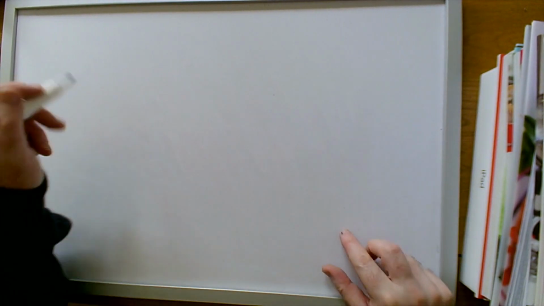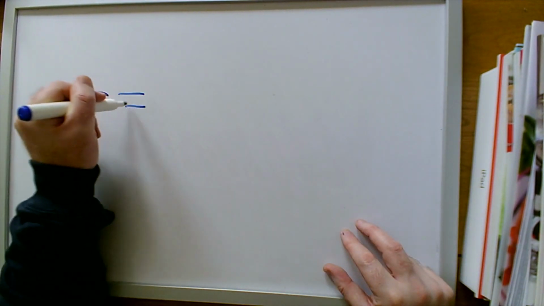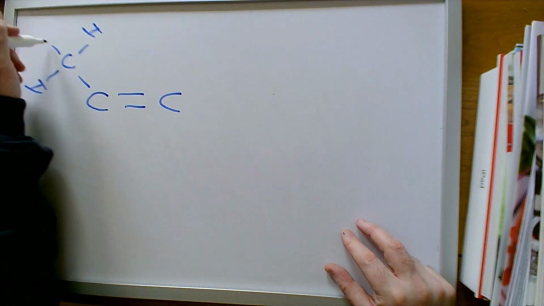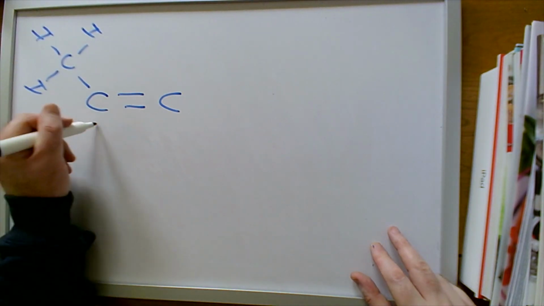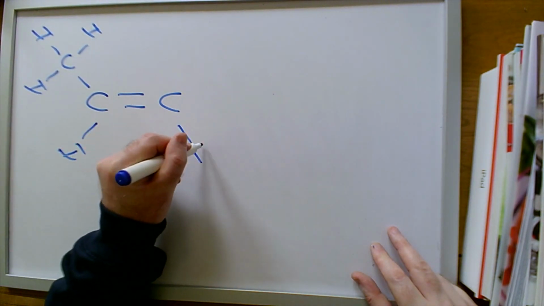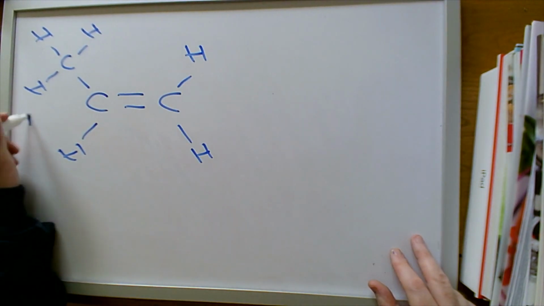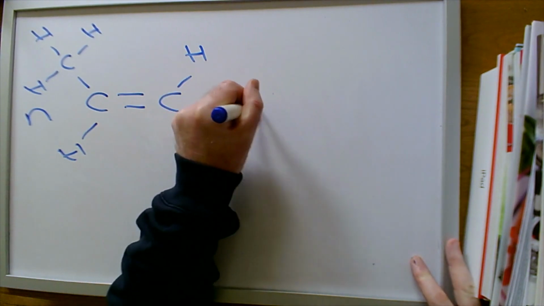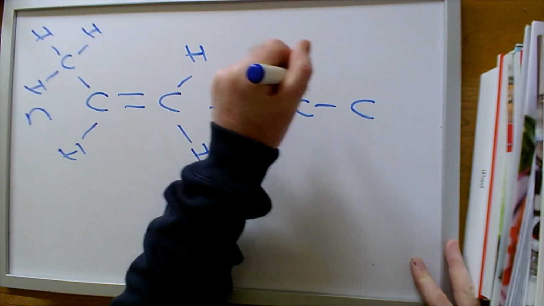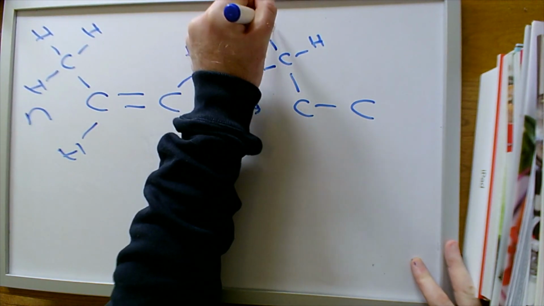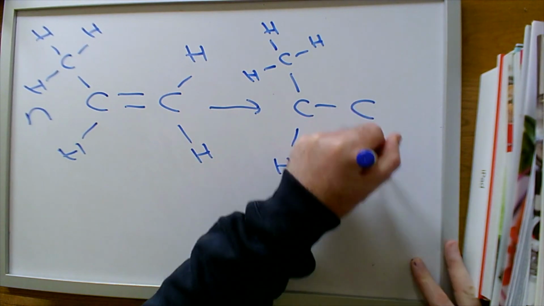If I'm trying to represent the formation of the polymer with a diagram or an equation, rather than drawing them all out, it's much easier to use an equation like this. I'm going to draw my propene molecule, and say that if I have n number of propene molecules, my repeating unit will look a little bit like this.